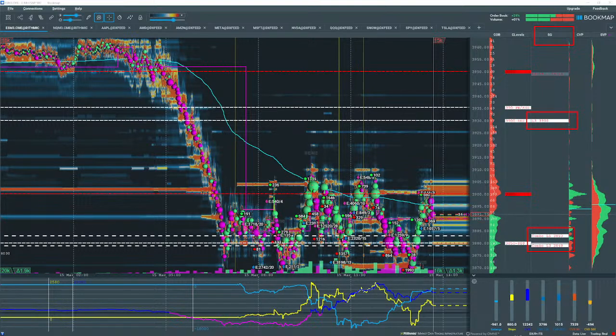So what this chart is showing is, first of all, I'm going to zoom all the way out.